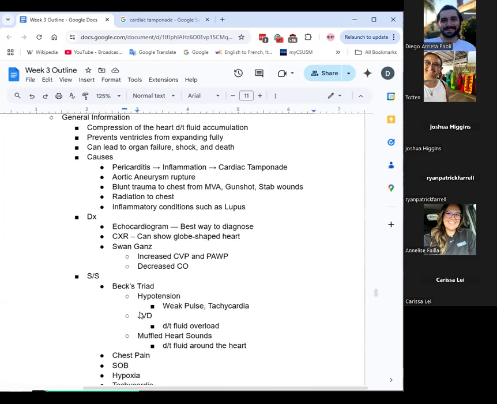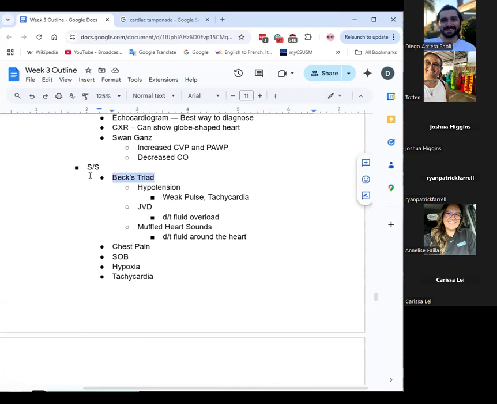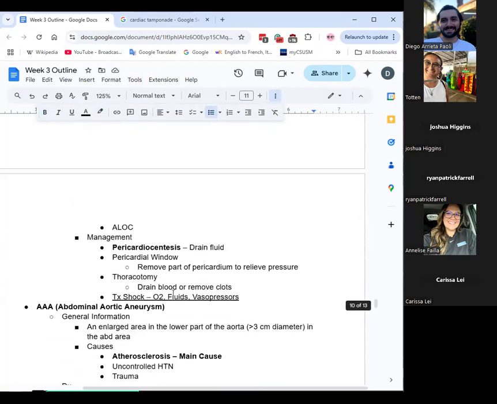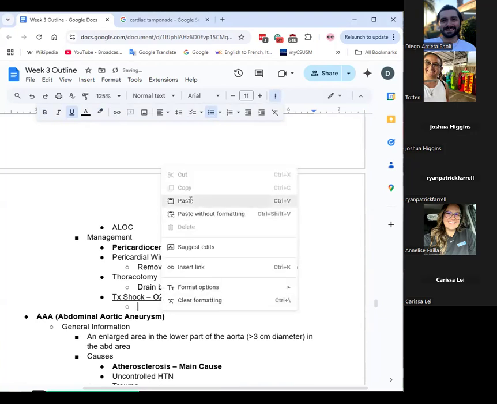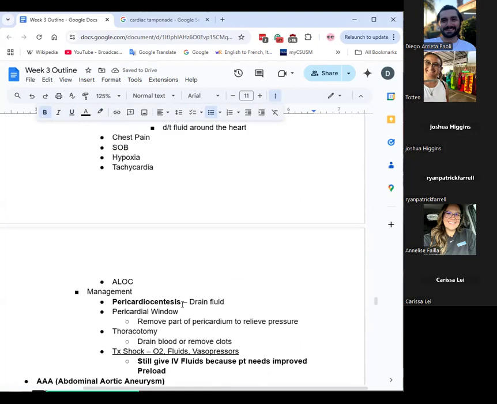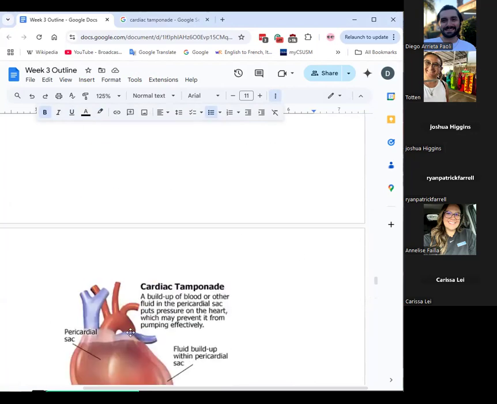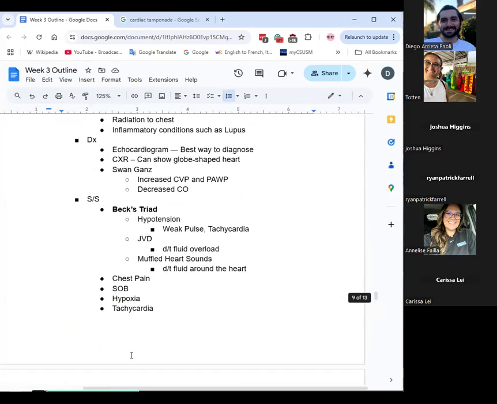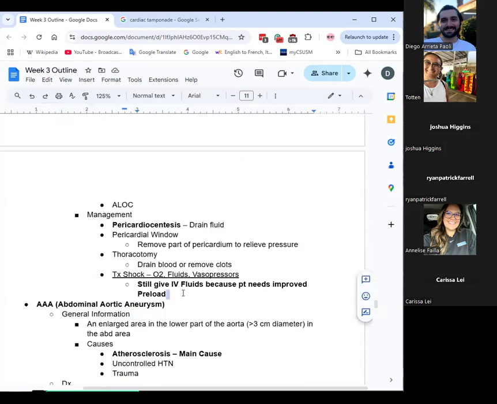I think the focus is really going to be whether you were able to assess the Beck's triad, and the understanding that even though this condition has high CVP and high PAWP, you still give the fluids because of the preload. It has a lot of the same conditions as pericarditis; they kind of go together a little bit.